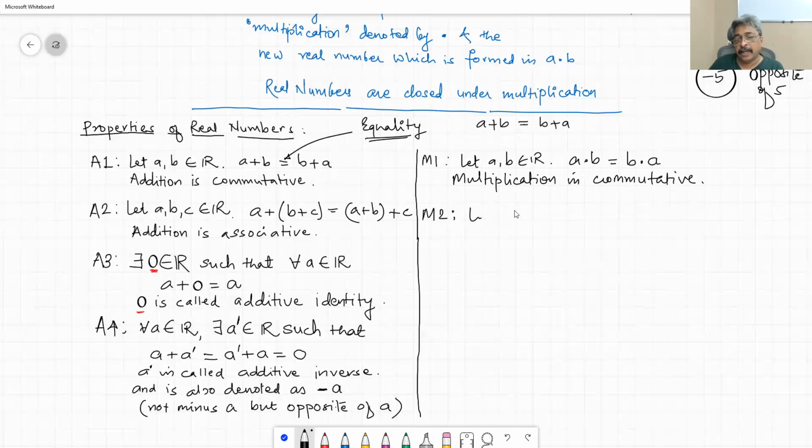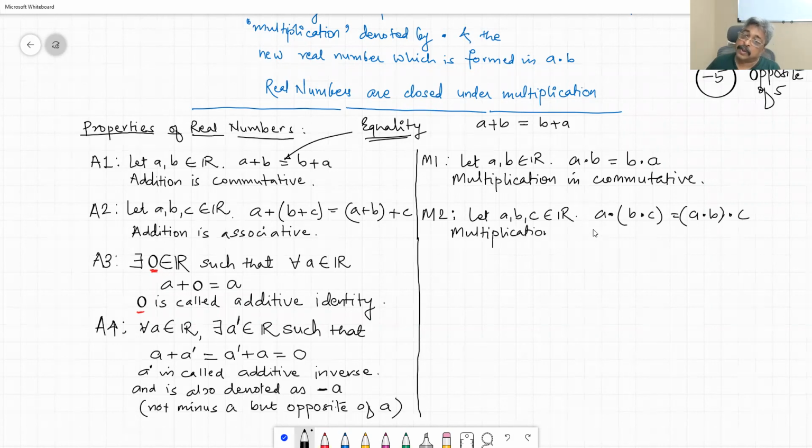Let A comma B comma C belong to R. A into B into C is equal to A into B into C. Multiplication is associative.